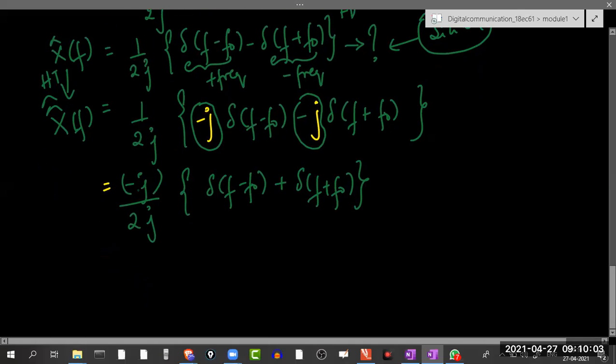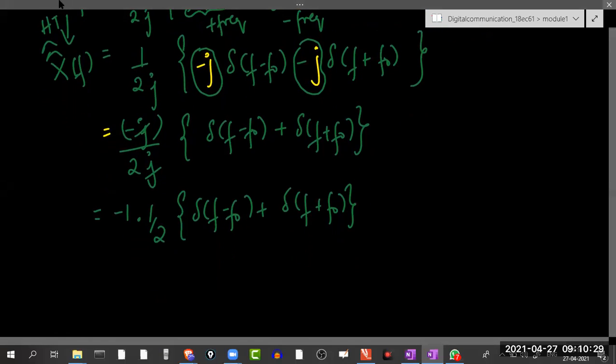Now over here jj gets cancelled out, and we'll be left with negative 1 times 1 by 2. All I'm trying to do is separate this negative 1 from this half. Delta f minus f naught plus delta f plus f naught.